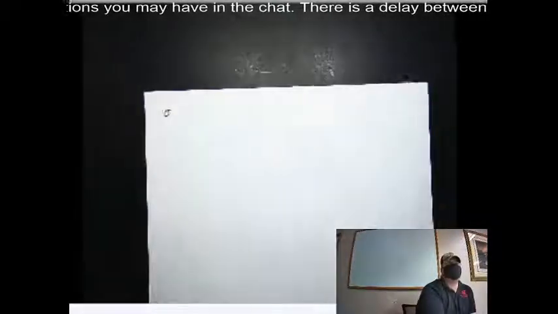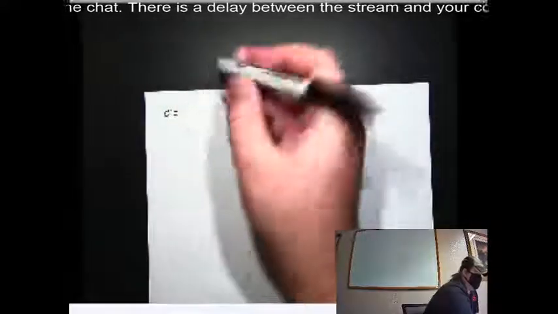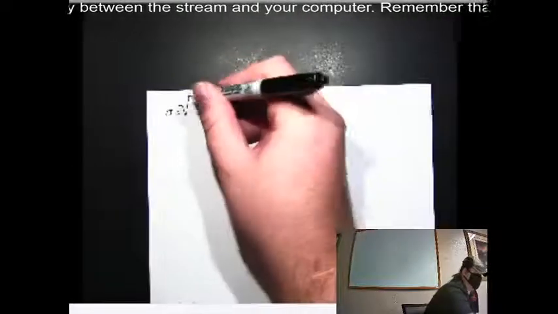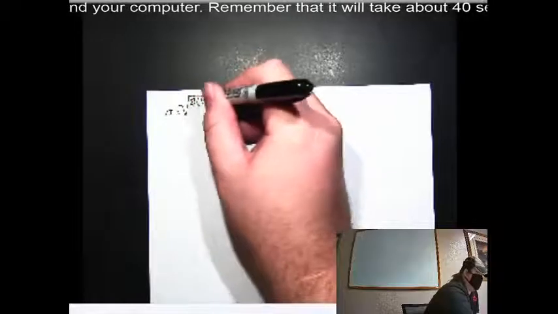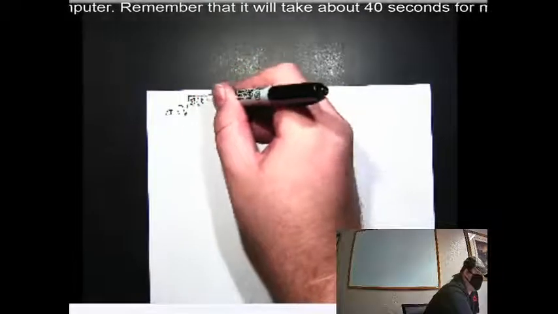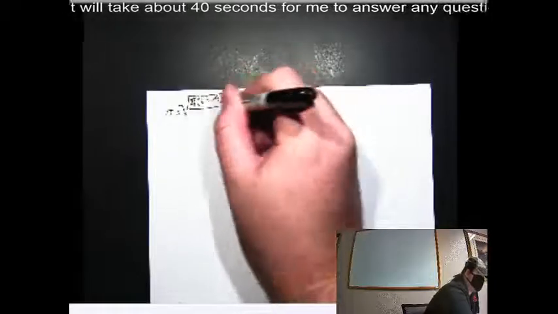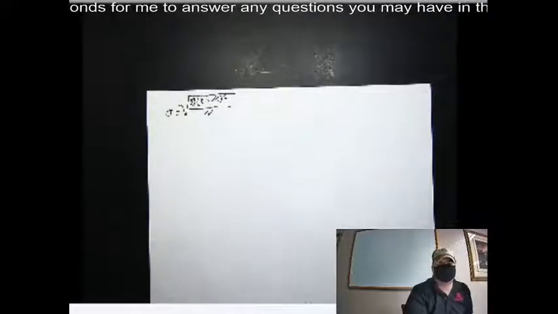For a population, we say it's lowercase sigma equals the square root of the sum of all x values minus the mean, mu, squared, divided by n, the number of data points we have.